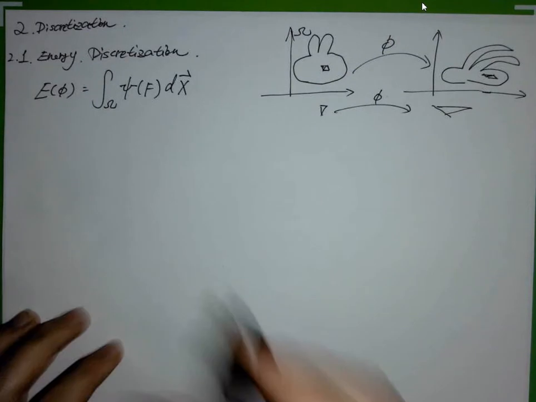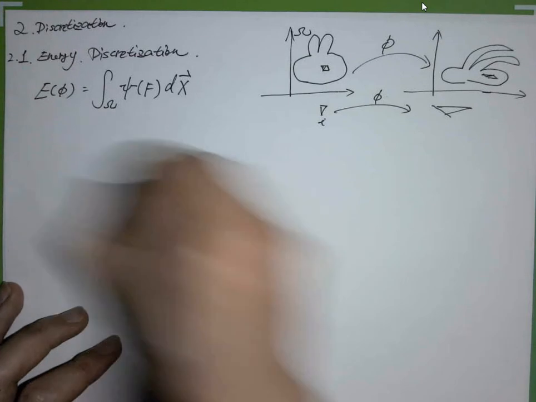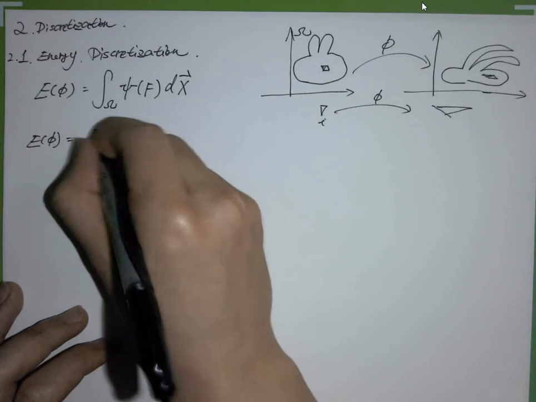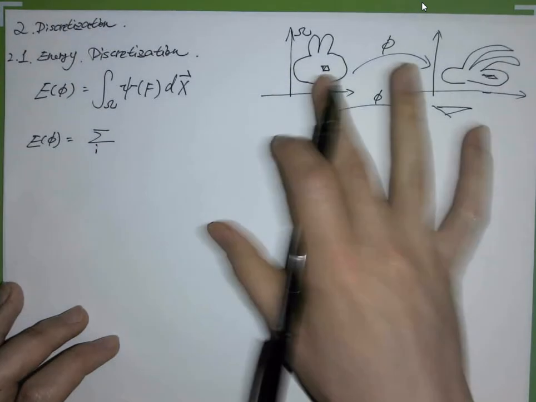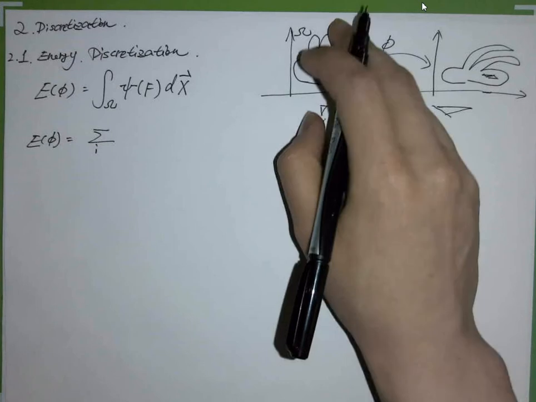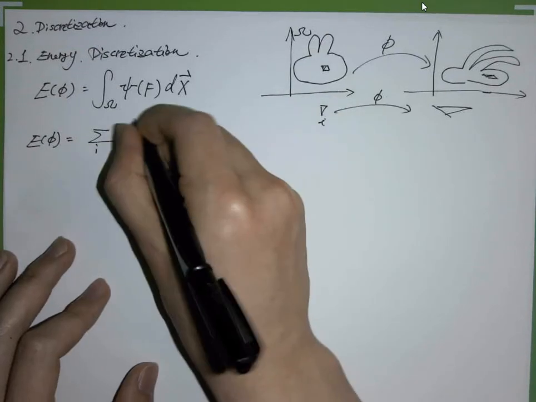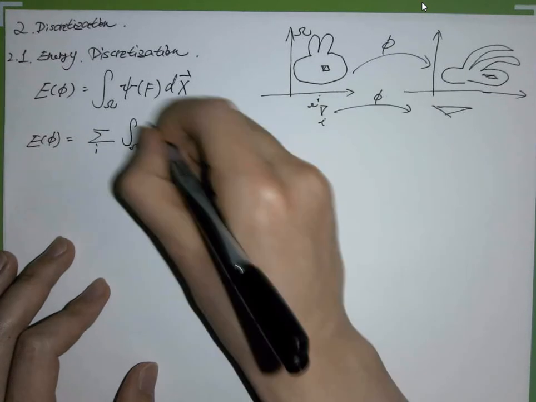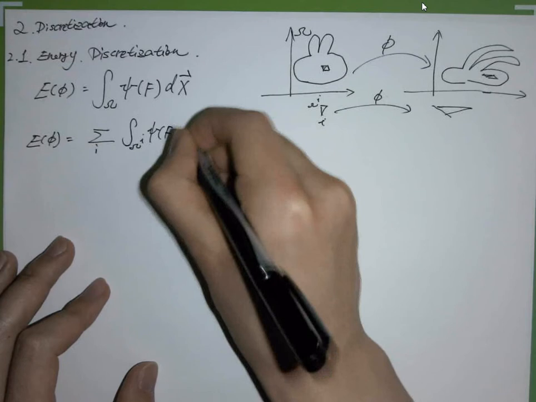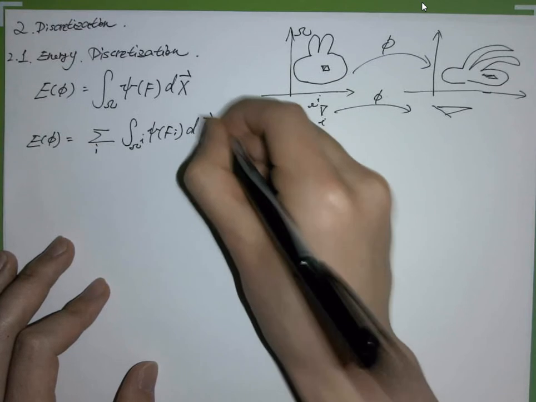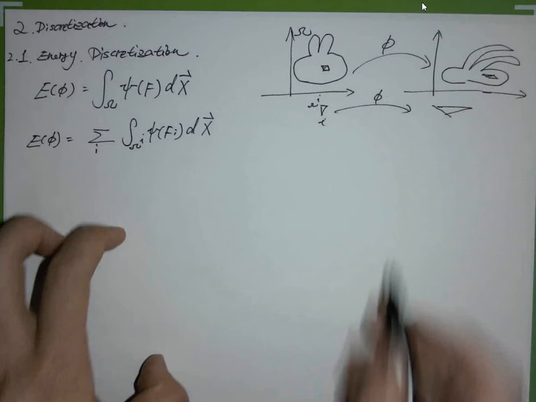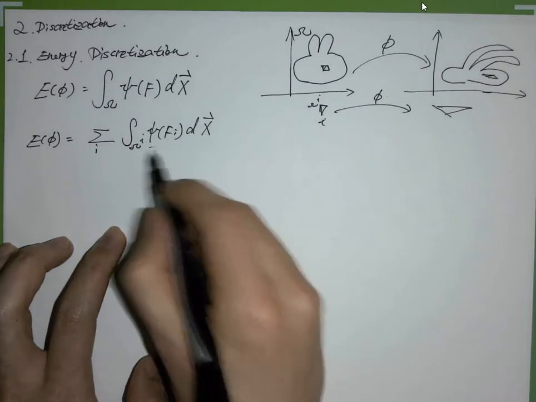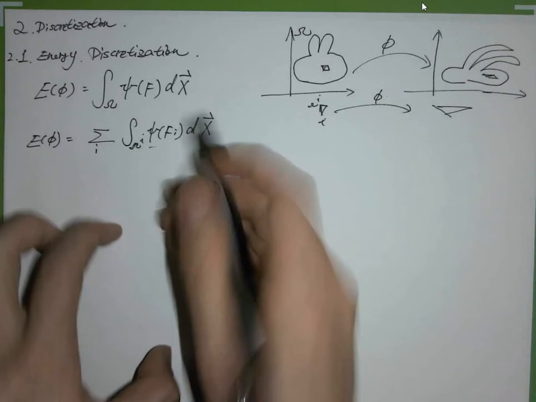Let's say this element is i, and my E of phi can also be defined as the sum over i from 0 to the number of elements, of the integral over omega i, the space of this element, of psi of F i dx. Here I'm still treating the deformation gradient inside this element as a function F, and it is changing in this domain omega.